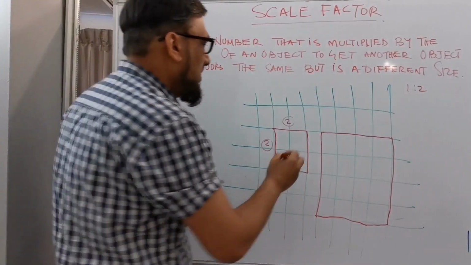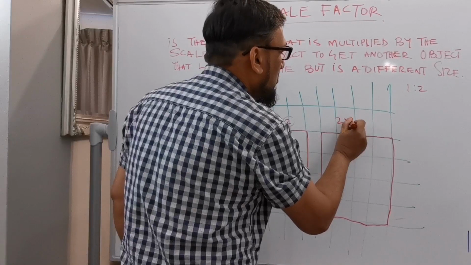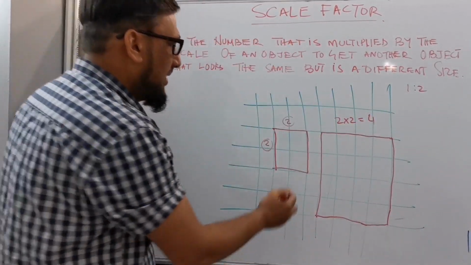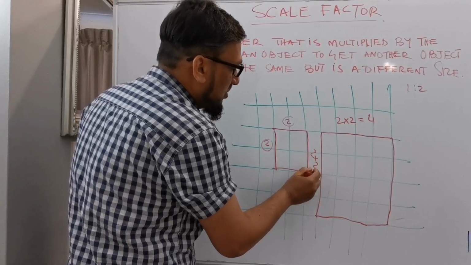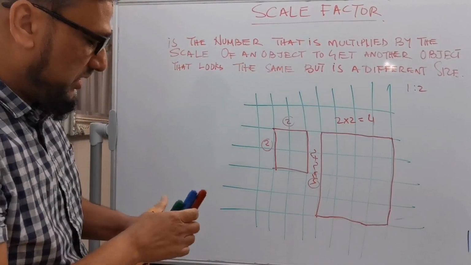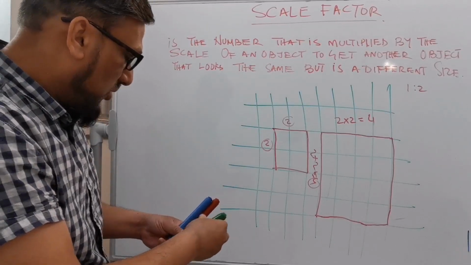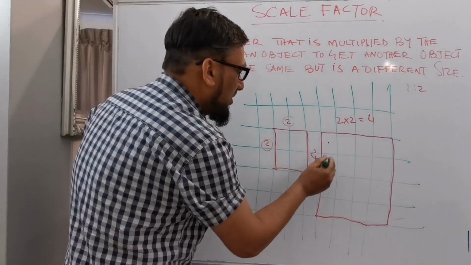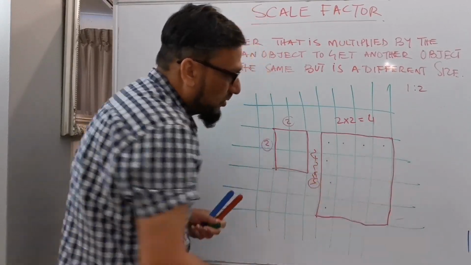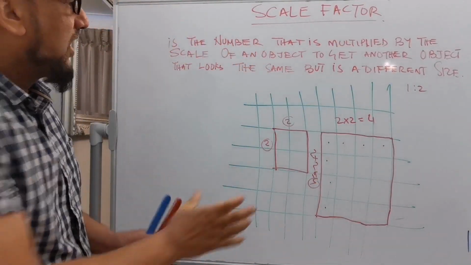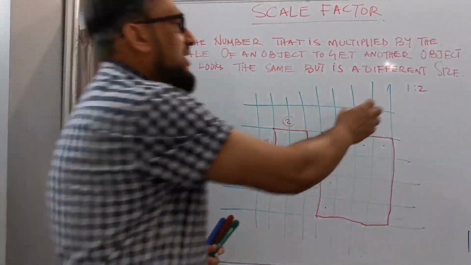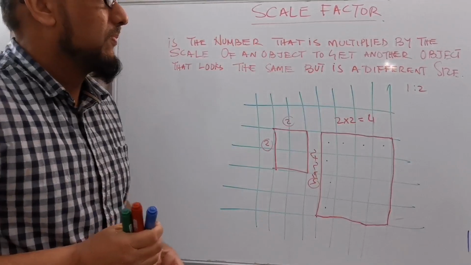So when you multiply 2 times 2, it is 4, and here 2 times 2 is 4. So how many small boxes are there? 1, 2, 3, 4 and 1, 2, 3, 4. So it is the same square, but increased in size with a scale factor of 2.